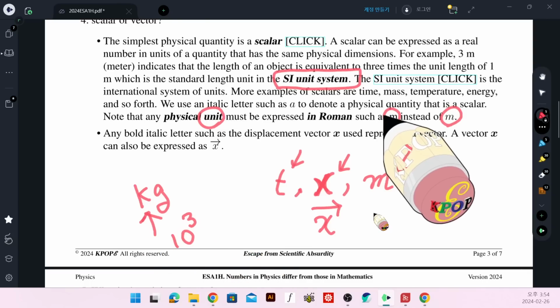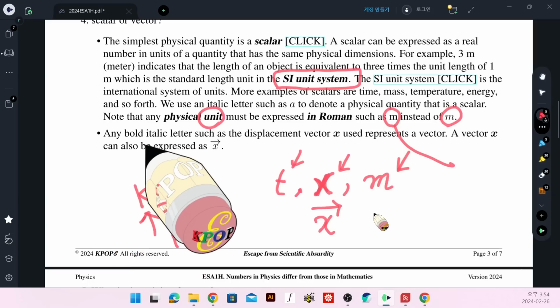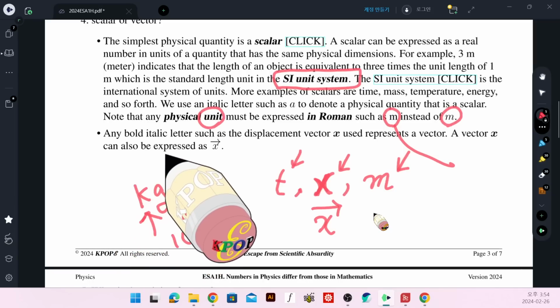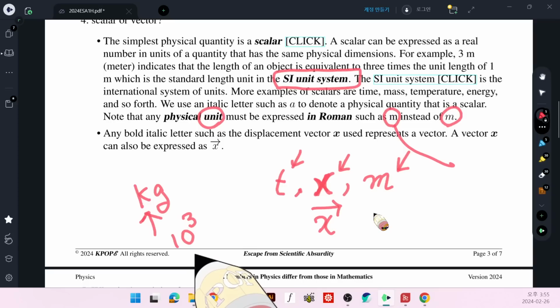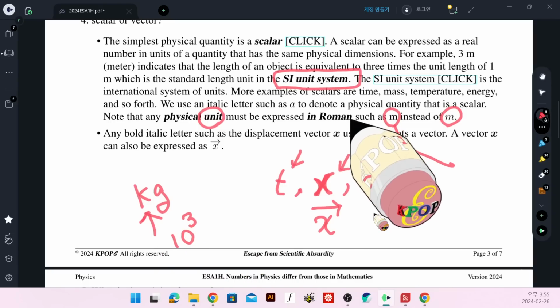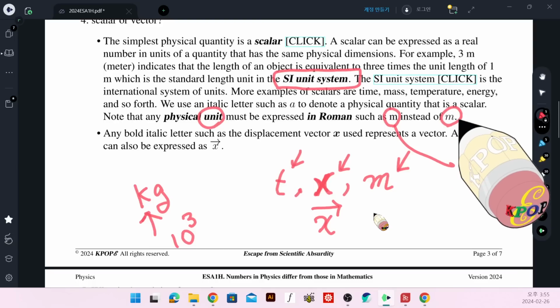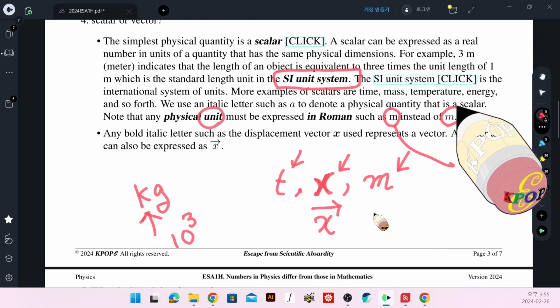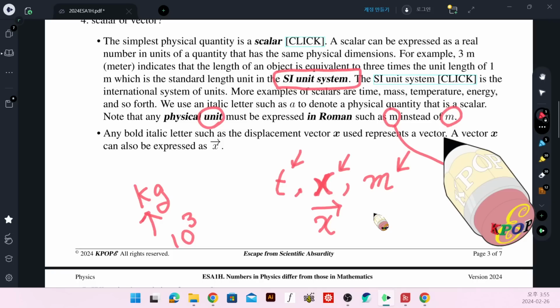So a Roman letter, we call them prefixes, and then a prefix stands for a number, this decimal number, and a Roman letter stands for a unit. If you have an italic letter, then usually it is a physical quantity that has its own physical dimensions.